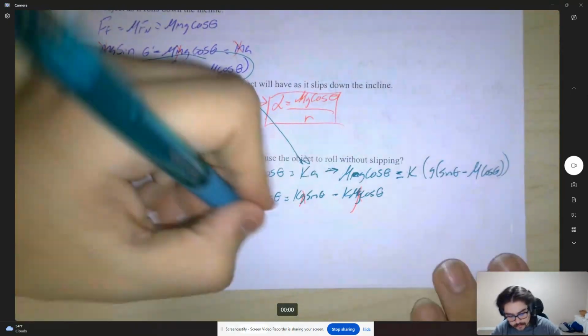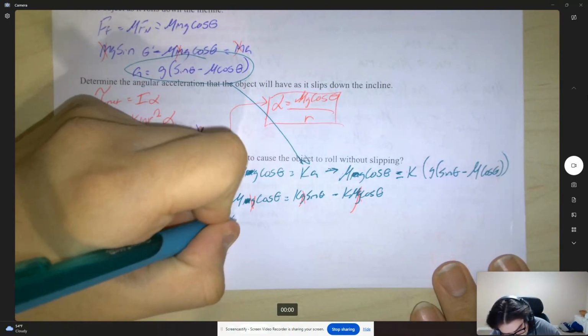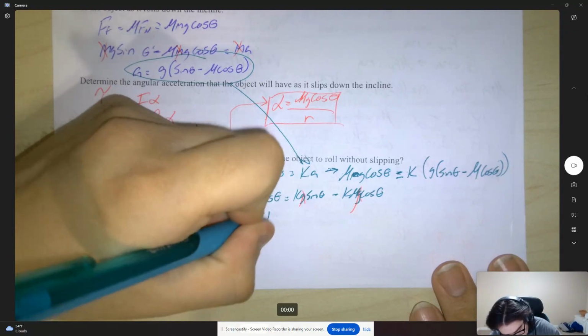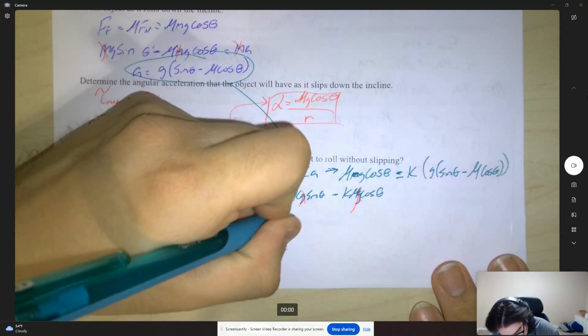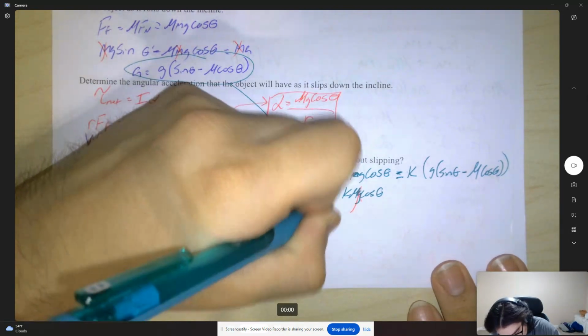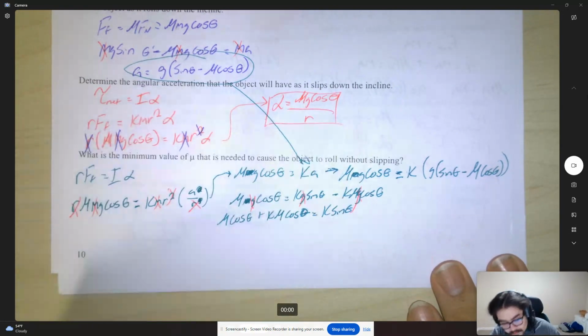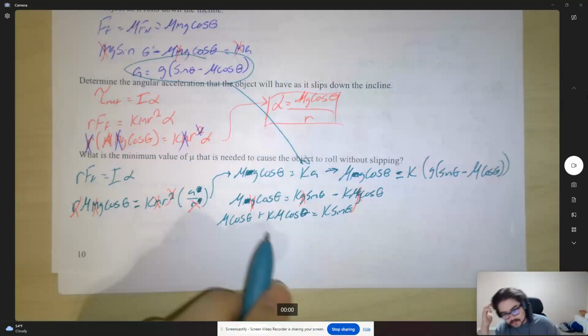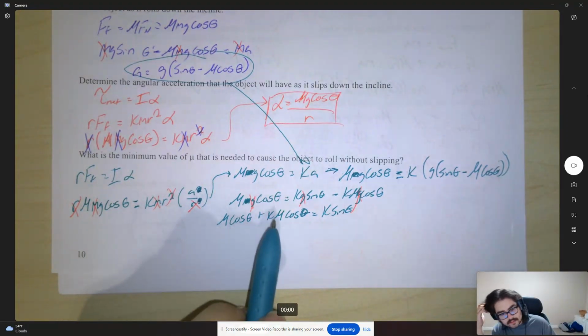It ends up being mu cosine theta plus k mu cosine theta equals k sine theta.